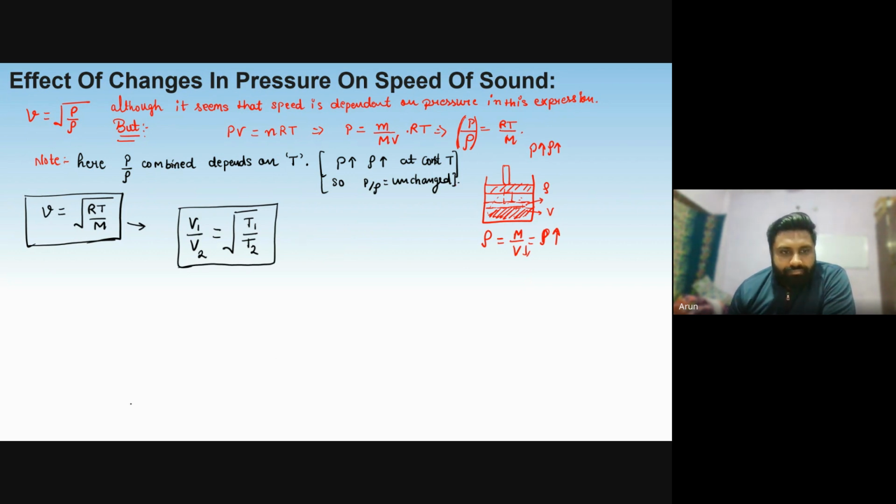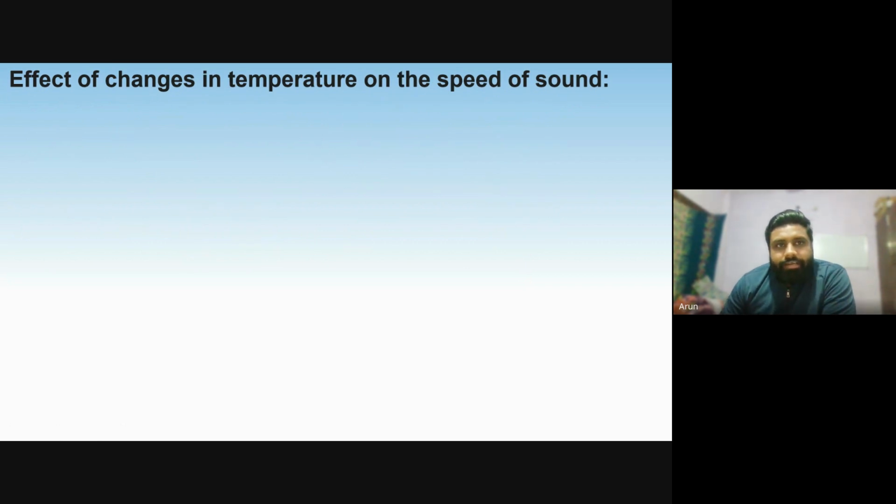Okay. Now, the effect of change in temperature on the speed of sound. We know that V is the square root of P upon rho. Let me change the color. Is this visible to you?